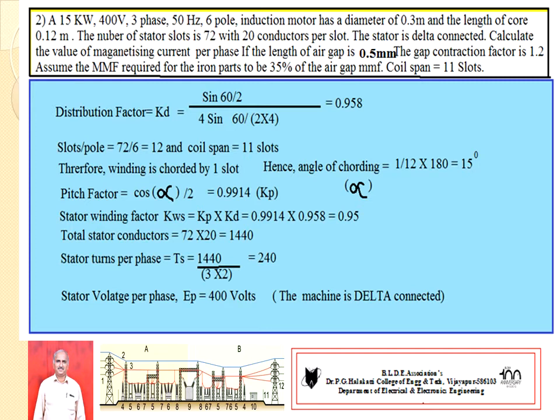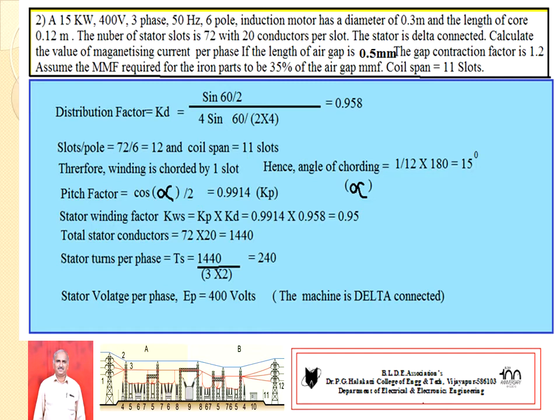Hence the angle of chording equals chorded slots, how many slots it is chorded, 1, divided by total number of slots per pole, that is 12, into 180 degree. We are going to get the angle alpha equal to 15 degree.